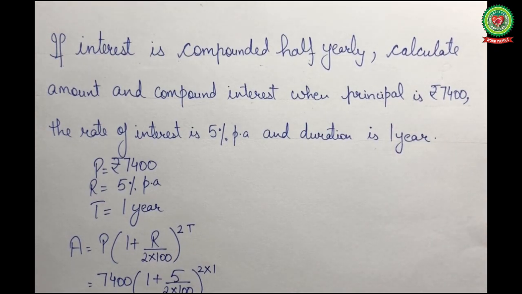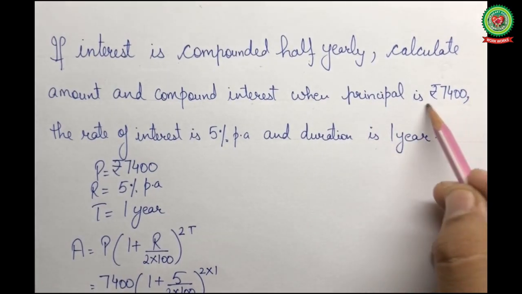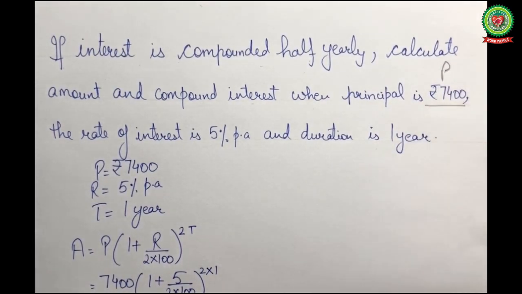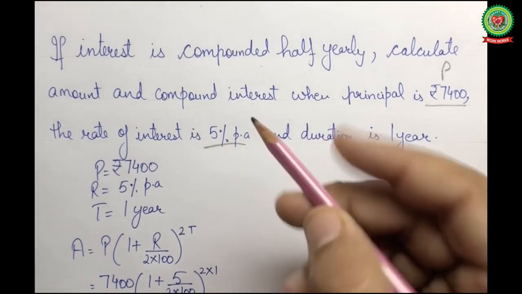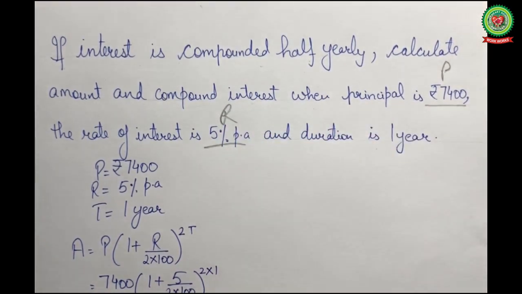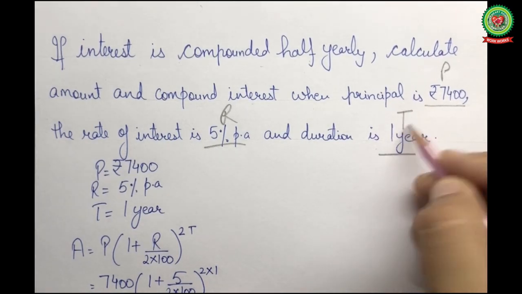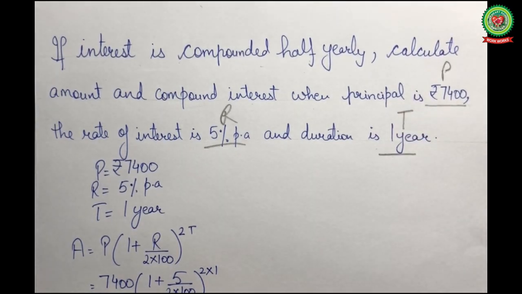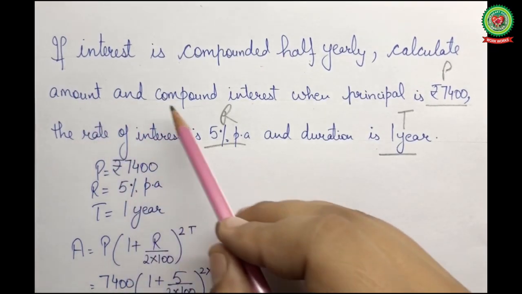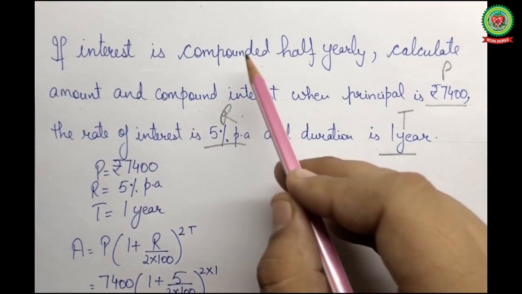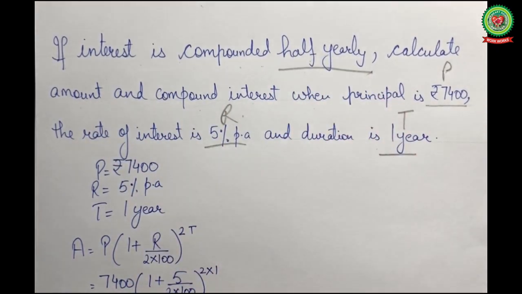So let us find out what is given to us. Principal is 7,400, rate of interest R is 5% per annum, and duration, that is time, is 1 year. We need to calculate amount and compound interest when compounded half yearly.